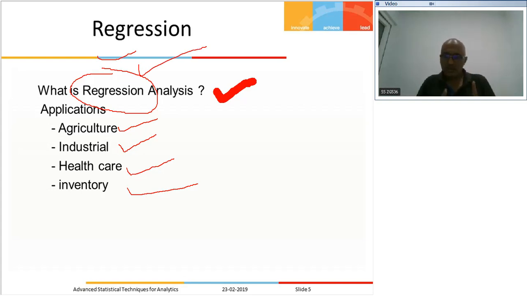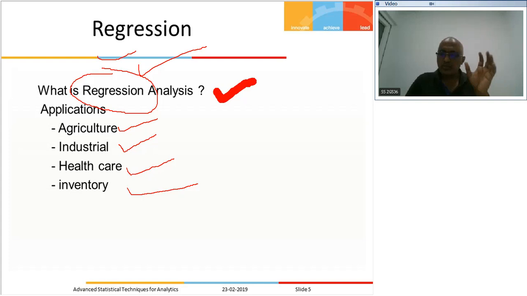So there we use two terms. One is correlation, the other one is regression. Correlation is a term which helps us understand whether the two variables have any relation or not. It's just an idea, like whether these two are related or not. If not, then there is no need of taking it further to prediction.